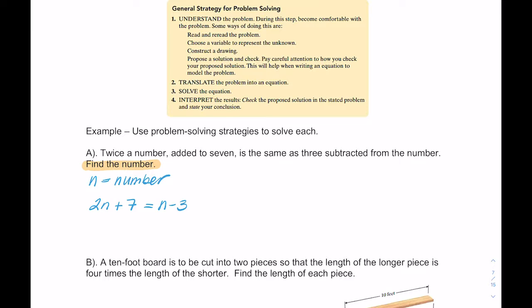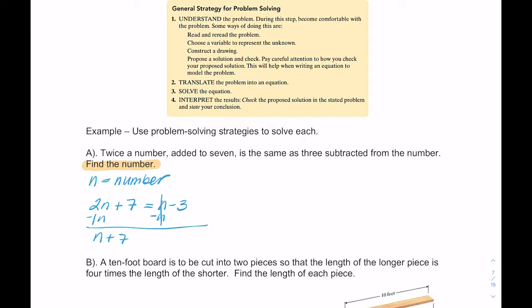And then now all that's left to do is solve this. So I have a variable on both sides. I need to combine them. In order to do that, I have to move one of the variables. So I'm going to move the n. I'm going to subtract n. You're doing the opposite, so whatever you do to one side, you always want to do to the other. And n minus n is 0. 2n minus n, remember there's a 1 there, so 2 minus 1 is 1n.